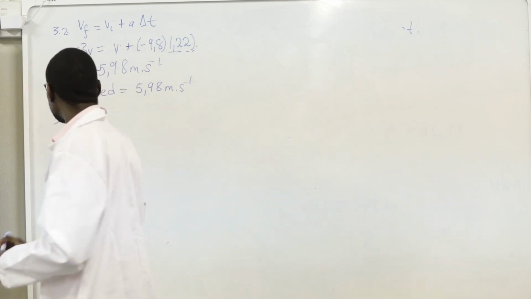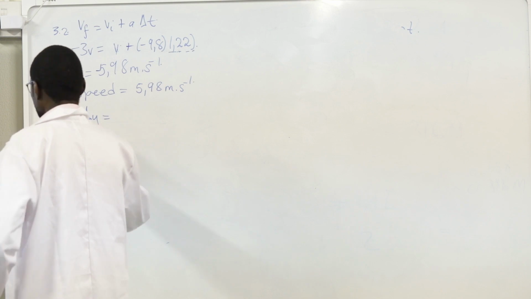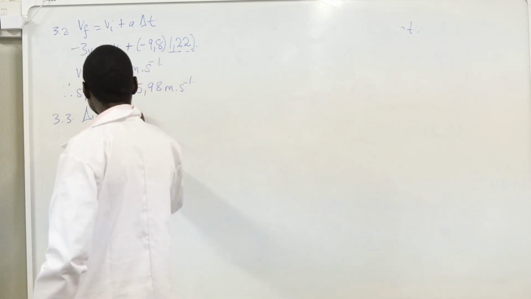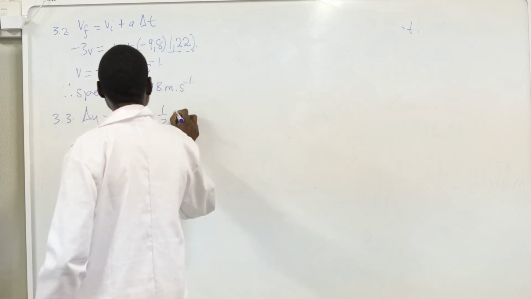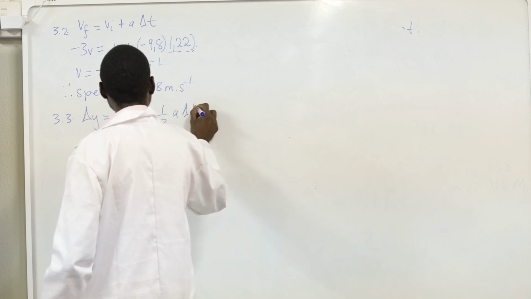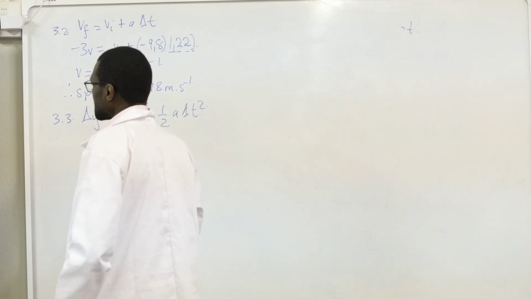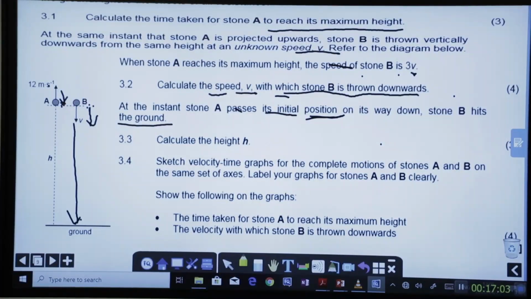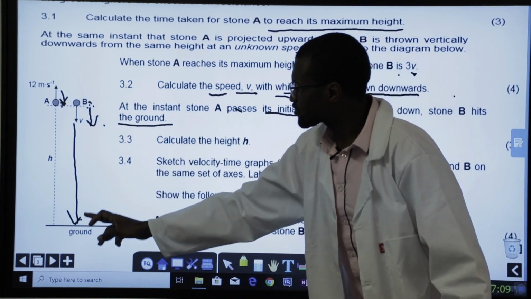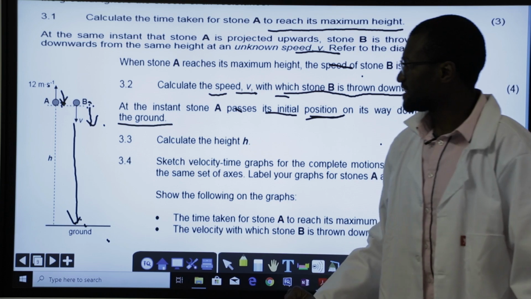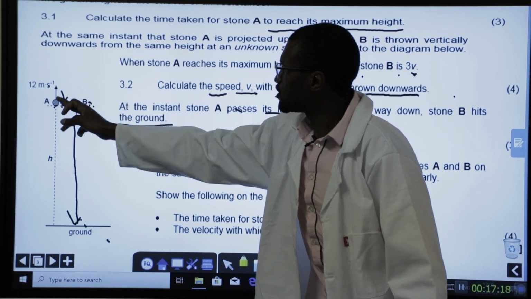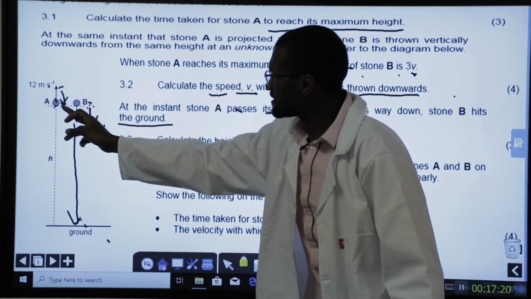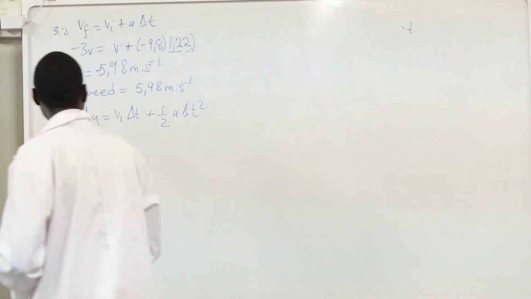Now, for us to find the height h, we are looking for delta y. Delta y is equal to vi multiplied by change in t plus half of acceleration times change in t squared. We know that the same time that it takes for B to move from where it is to the ground is the same time that it takes for A to move from its point of origin back to its point of origin.